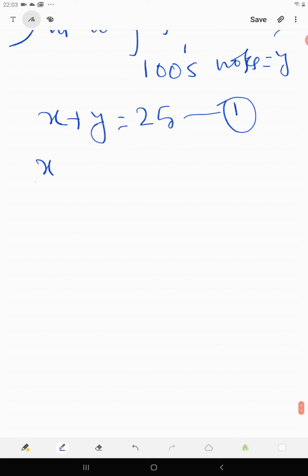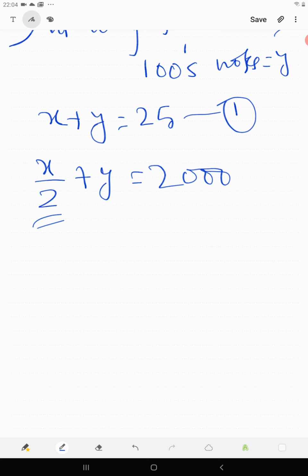That means x by 2, that many 100, plus y is equal to 2000, because I want to convert the 50s into 100s in value. Whatever number of 50 notes you have, dividing by 2 gives that many 100s. If you have 10 50 notes, then 10 divided by 2 is 5 into 100, so you have 500.